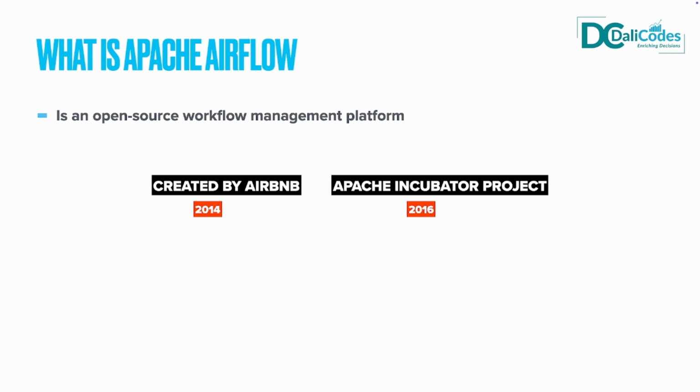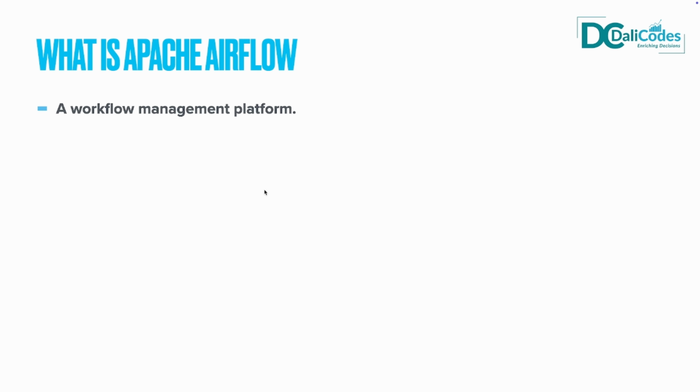That's why you see in the name now we prefix it with Apache Airflow, just to say that Apache owns it, or the major contributor is Apache and so forth. So it is an incubator project from Apache.